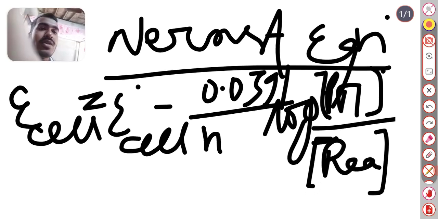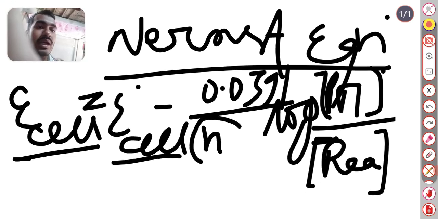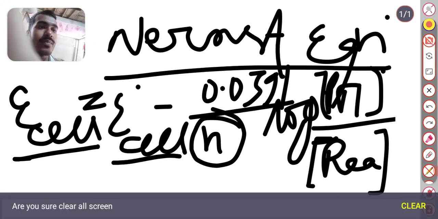That is the Nernst equation, for finding out the EMF of any particular half cell or the full cell reaction, and that E naught will be the standard cell value, and n is the number of electrons transferred from anode to cathode to balance the particular reaction. That is the Nernst equation.